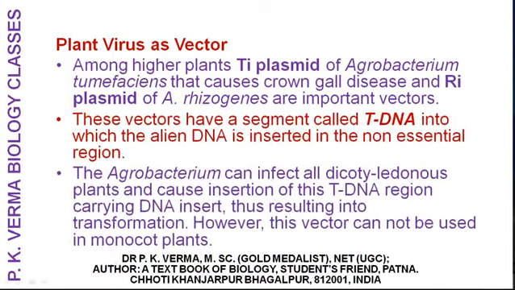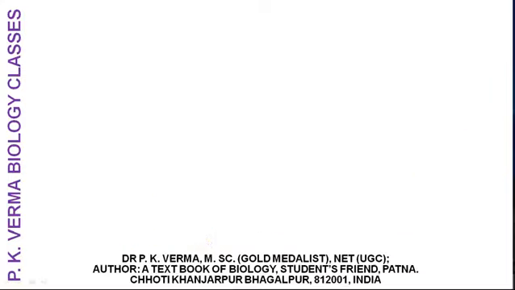The Agrobacterium can infect all dicotyledonous plants in their roots and cause insertion of this T-DNA region carrying DNA insert, T for tumor formation, thus resulting into transformation. However, this vector cannot be used in monocot plants.